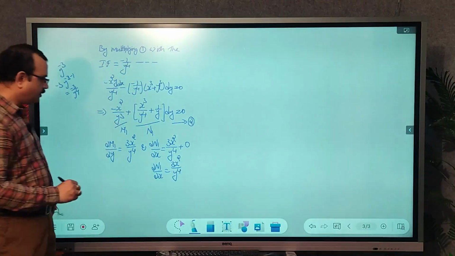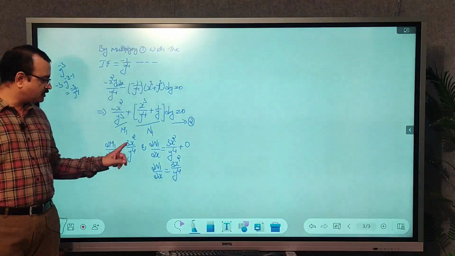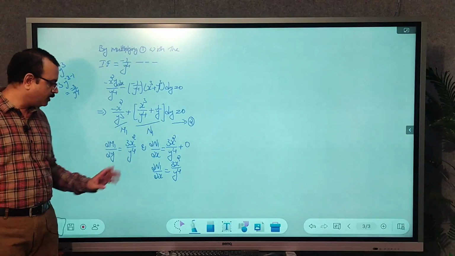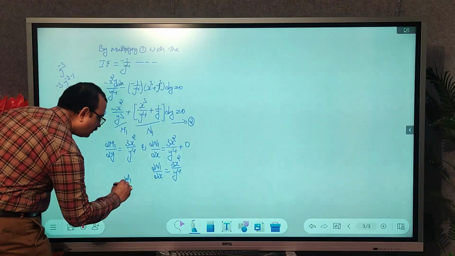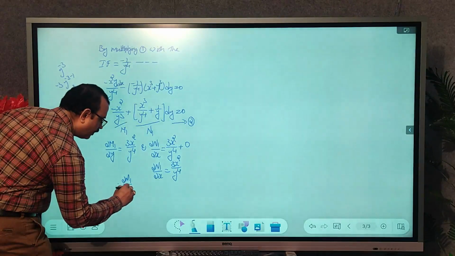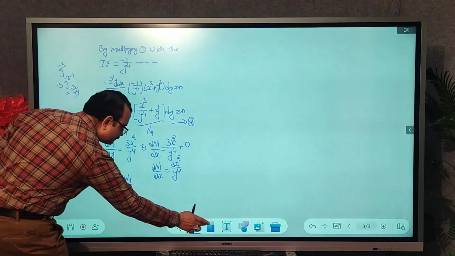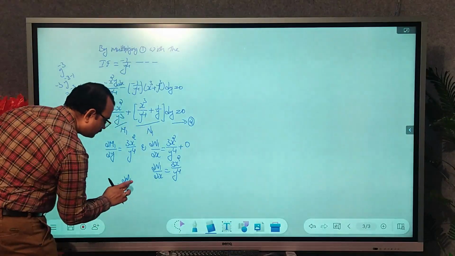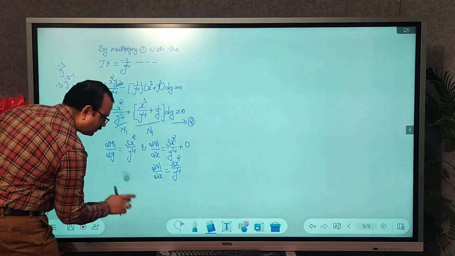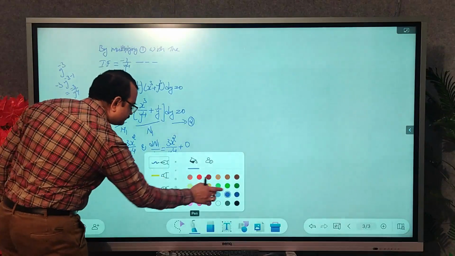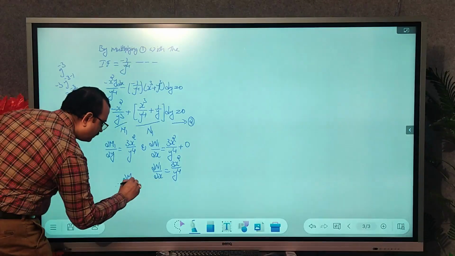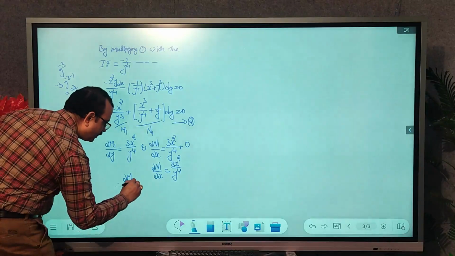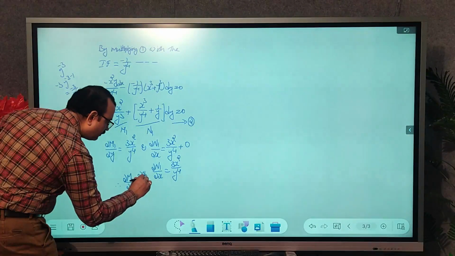If you observe, ∂M1/∂y is also the same, 3x square by y power 4. Therefore we can conclude that ∂M1/∂y is equal to ∂N1/∂x.